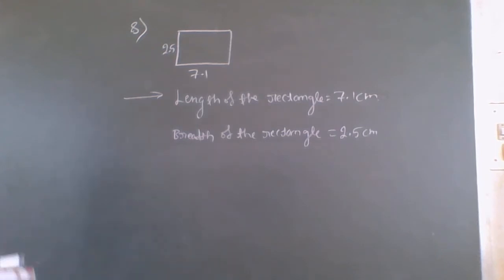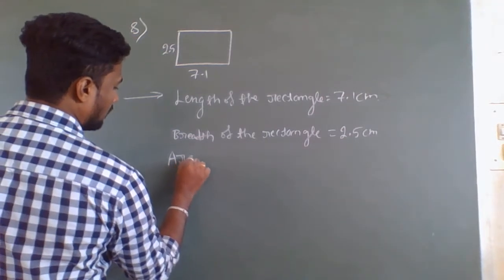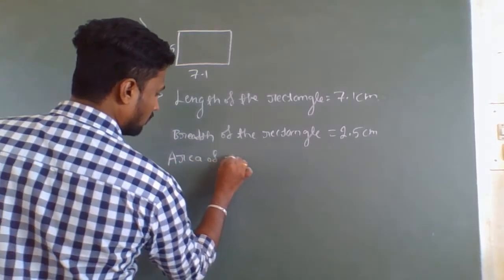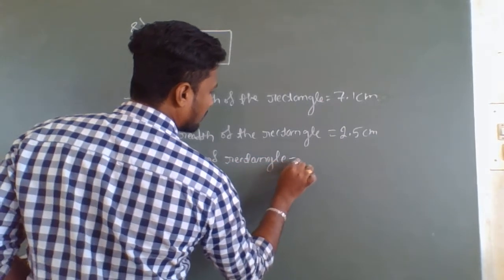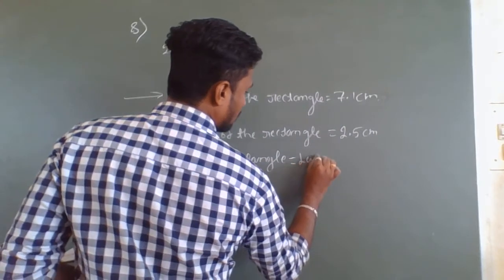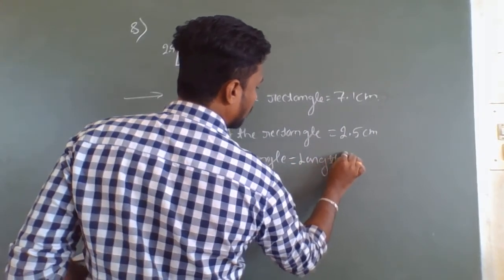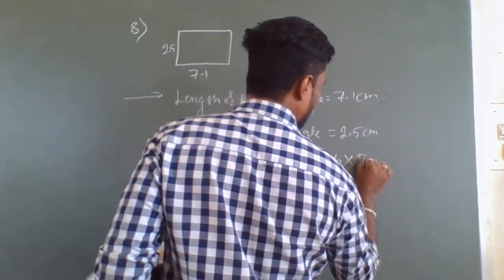Now they are asking the area of the rectangle. So the area of the rectangle equals to, what is the formula? The area of a rectangle always equals length into breadth. This is the formula for the area of a rectangle.